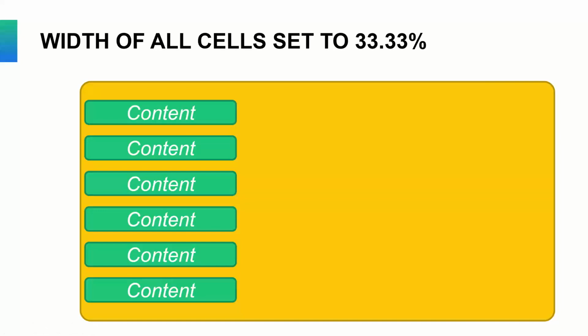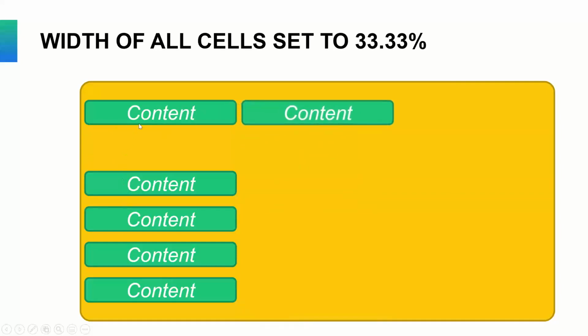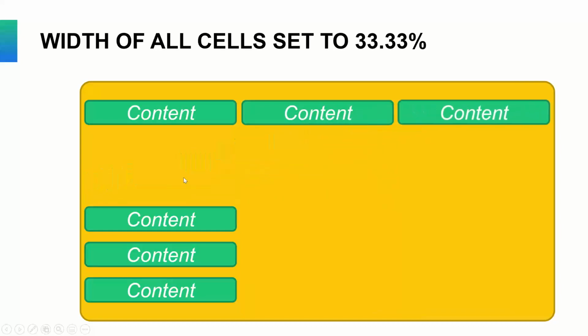But remember, we're also going to use that float property. Now, if you set all these divs to float, what will happen is that the second div, instead of going underneath the first one, will float up and fill the available space beside it. And then the third one will fill the space beside that.